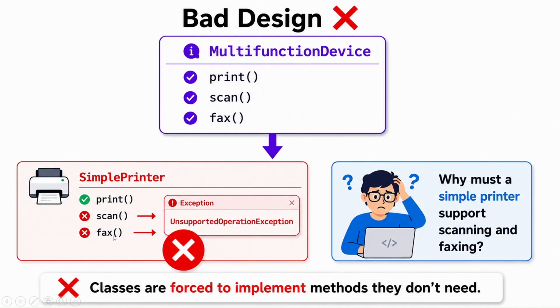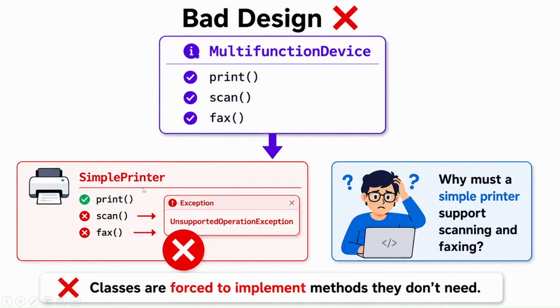All right, but because this SimplePrinter implements this MultifunctionDevice, this class has to implement these additional methods as well, which are scan and fax. Why? Because whenever we implement any interface, whatever abstract methods have been declared in that interface, we need to implement in the concrete class.